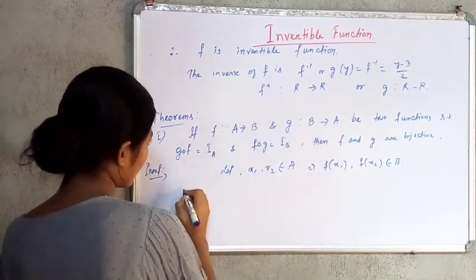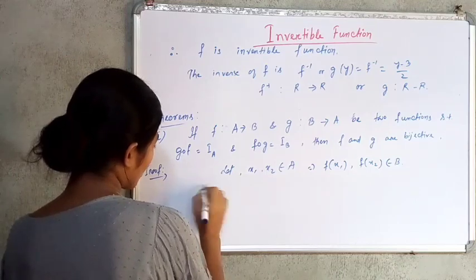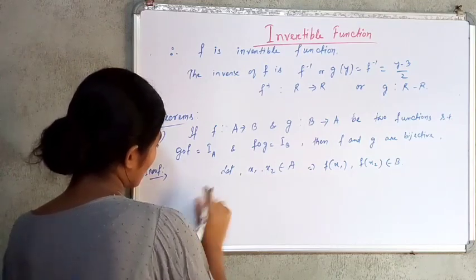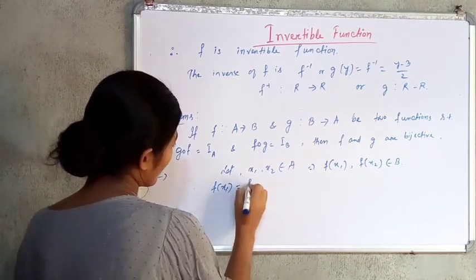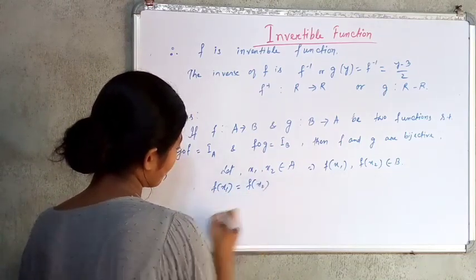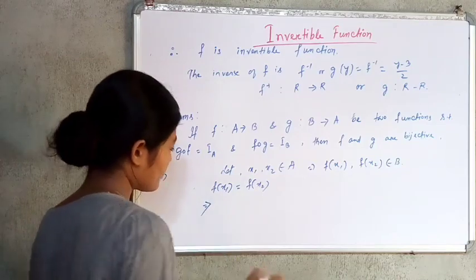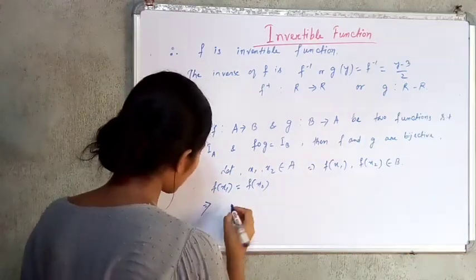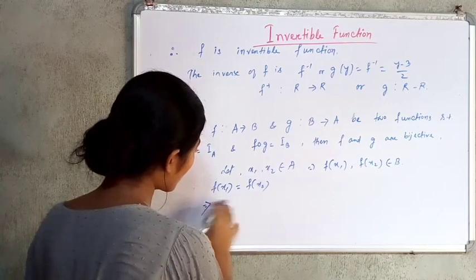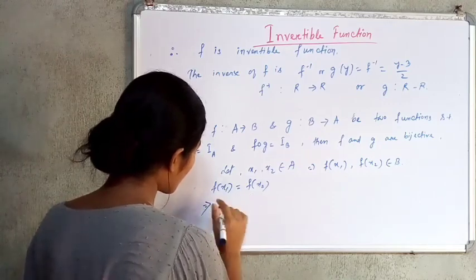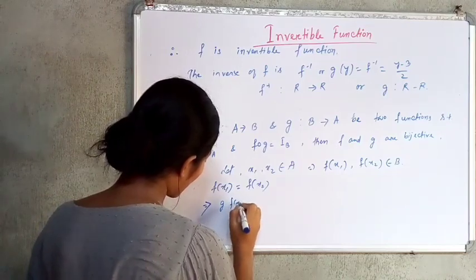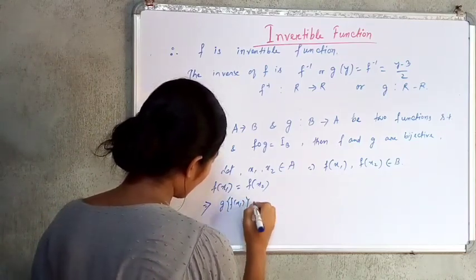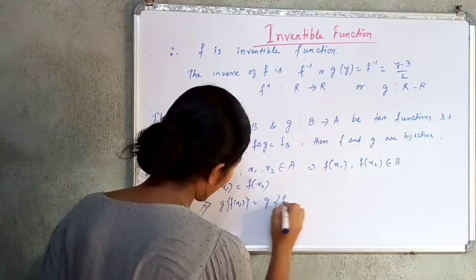Now for that, let us suppose f of x1 equals f of x2, right? Now taking g on both sides, g of f of x1 and g of f of x2.